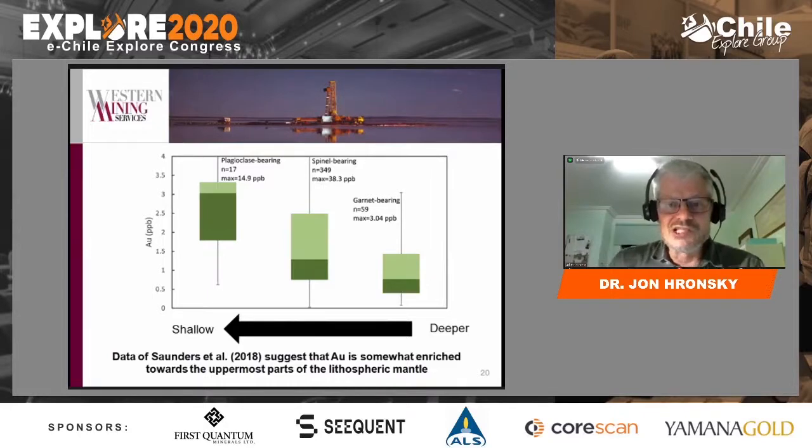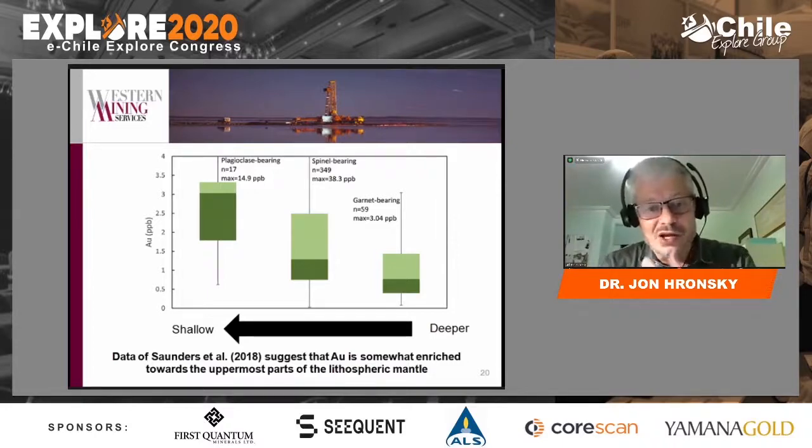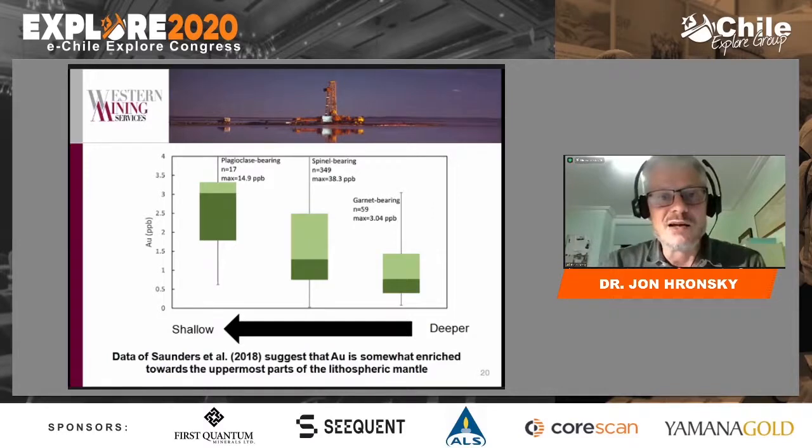We also see some evidence that gold is somewhat progressive, and this is not orders of magnitude, but evidence that gold is somewhat enriched towards the upper part of the lithospheric mantle. So in this particular diagram from Saunders, we're looking at the average gold contents of the plagioclase, spinel, and garnet facies, so the plagioclase bearing mantle, the spinel bearing mantle, and the garnet bearing mantle, and those are just different depth related pressure facies.